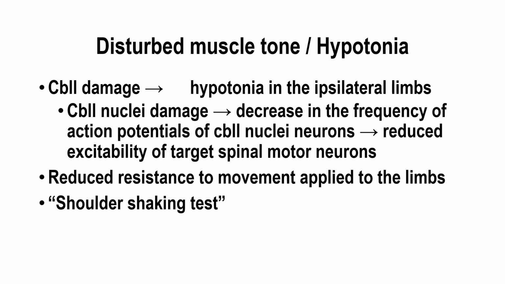When neurons of cerebellar nuclei, which constantly generate action potentials at high frequency, are damaged, the frequency of action potentials decreases. This ultimately reduces the excitability of the target spinal motor neurons, leading to decreased muscle tone.